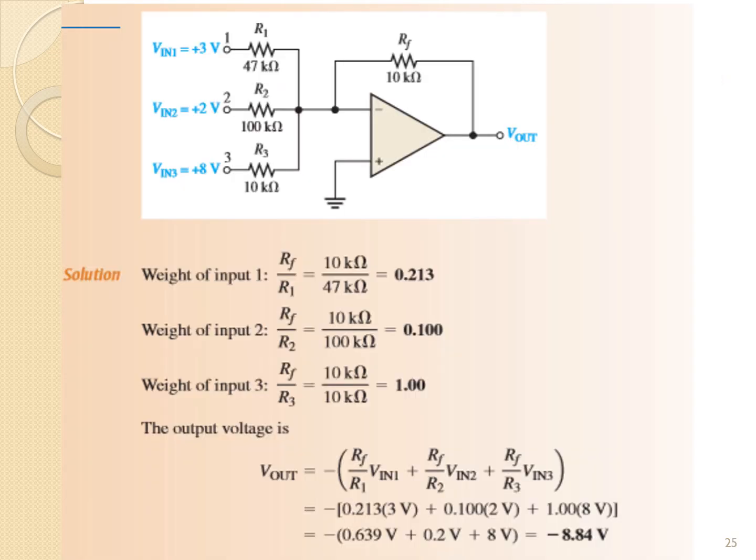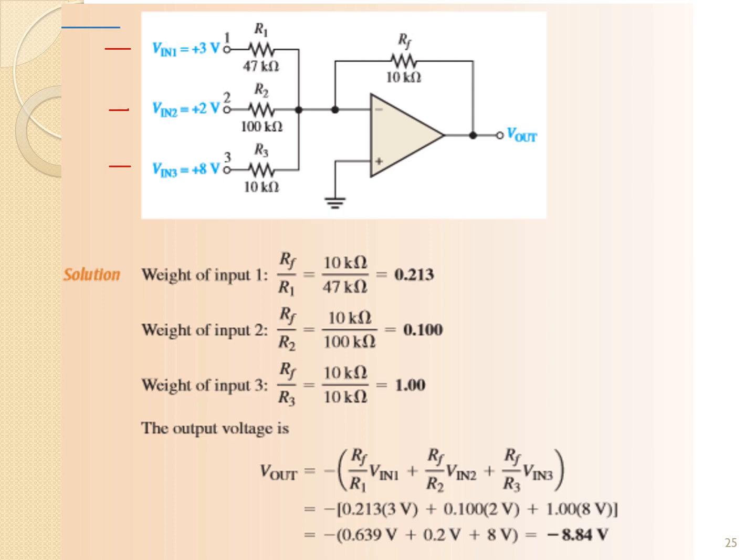Okay, example. Now we are given an OpAmp circuit as shown in the figure. Every input voltage has a different resistor value. We have 3 inputs, V in 1 is 3 volt, V in 2 is 2 volt, and V in 3 is 8 volts.